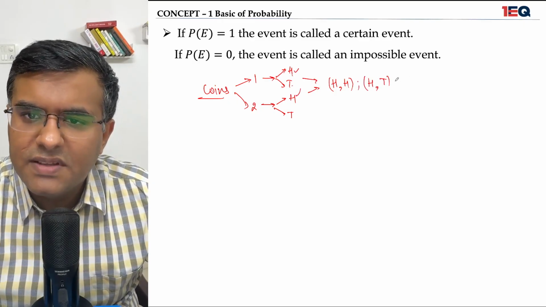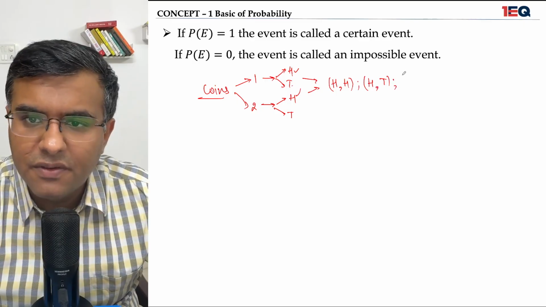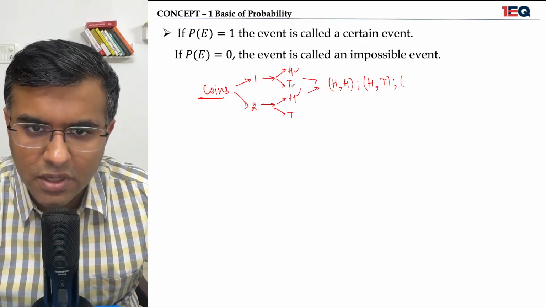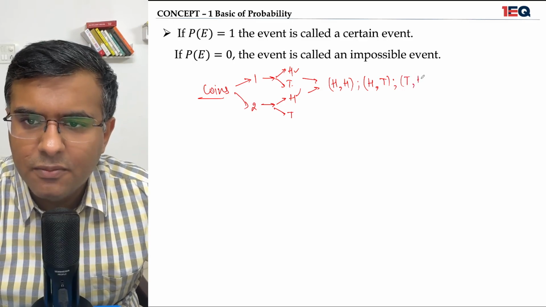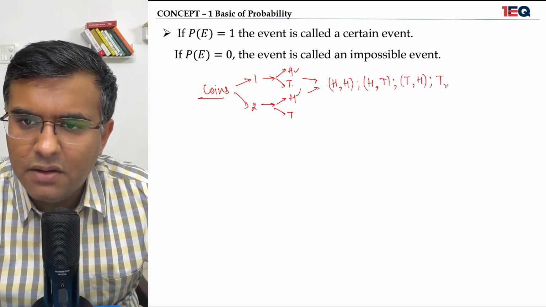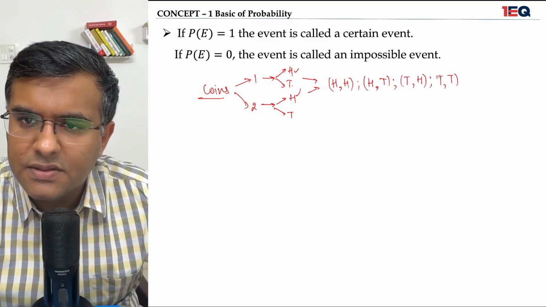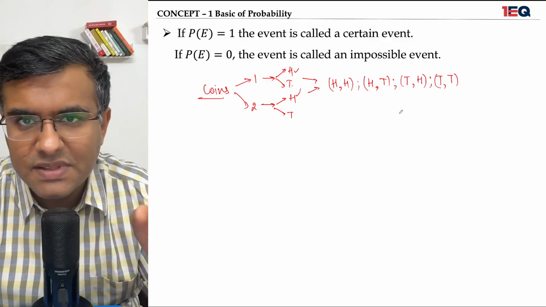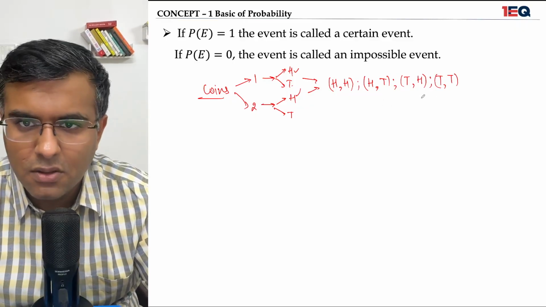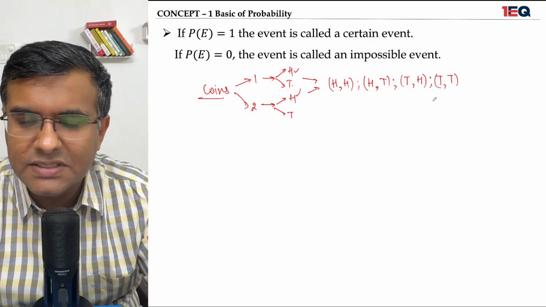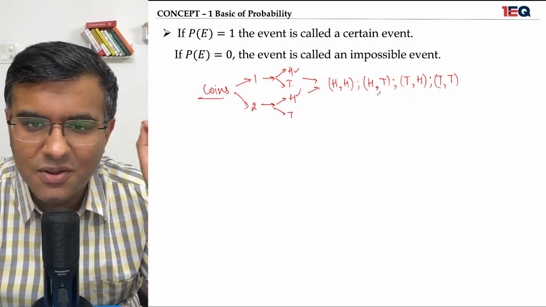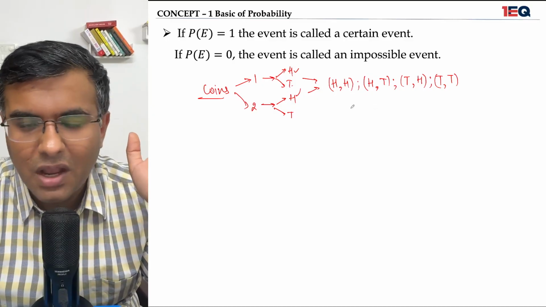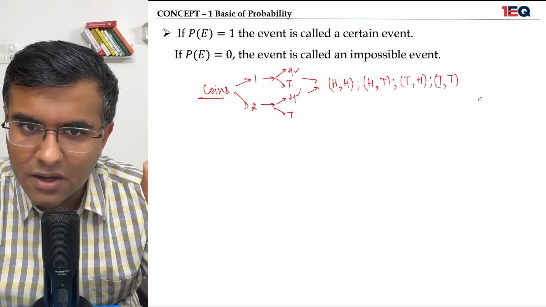Similarly, keeping the first one tails, the second one can come out as head, and the second one can also be tails. So this is my sample set, or sample size. Sample set, sample space, sample size, all are synonymous. So all these four are the possibilities which can occur to me.